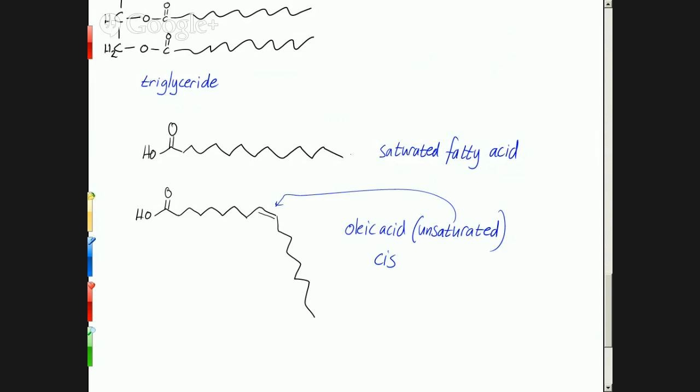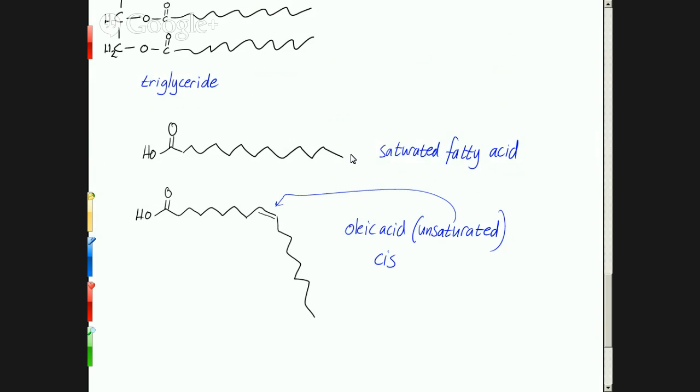So saturated fatty acids, what do we know about saturated fats? How are they different physically than unsaturated fats? They're usually solid, and unsaturated fats are often liquid. Olive oil is a liquid, butter, which is higher in saturated fats, or lard is a solid.